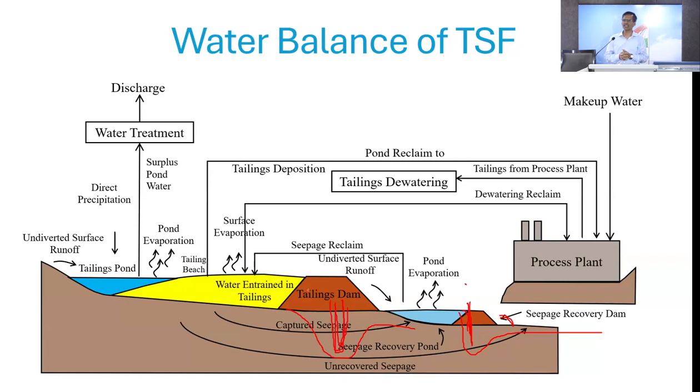But what has happened over the years is that over the geomembrane they have only provided stones, boulders, no other protection, or they might have protected it with sand or soil, which is now not there. So it was visible from outside. That means there is a geomembrane.